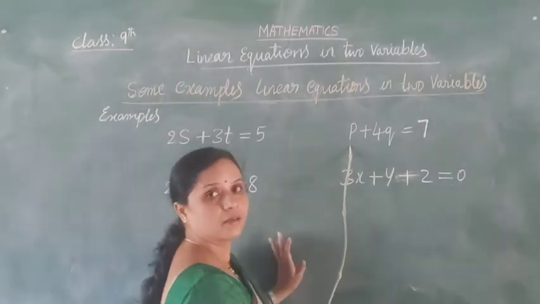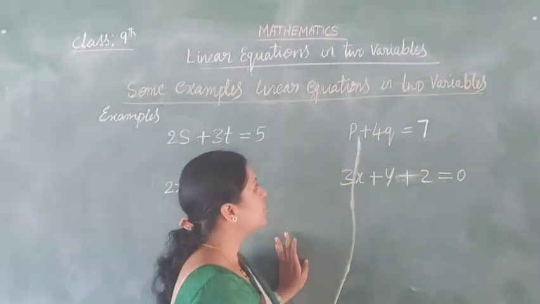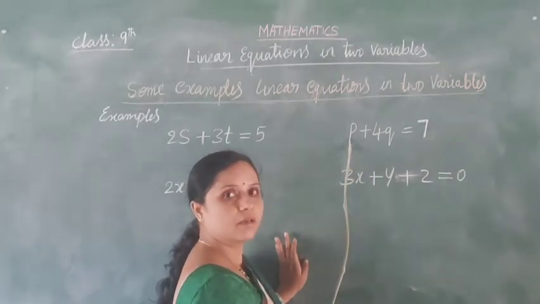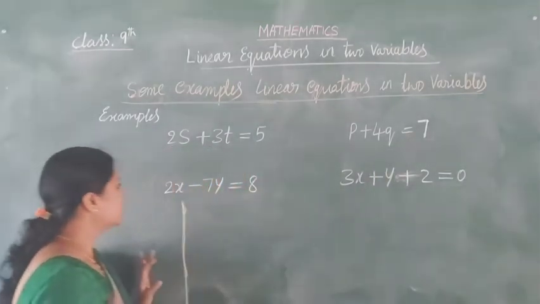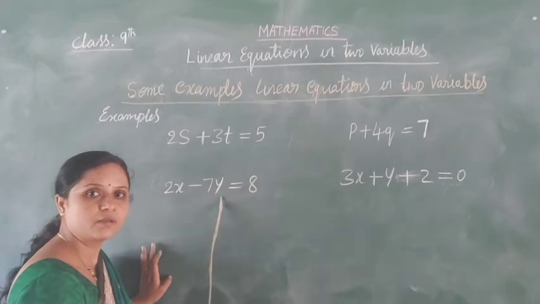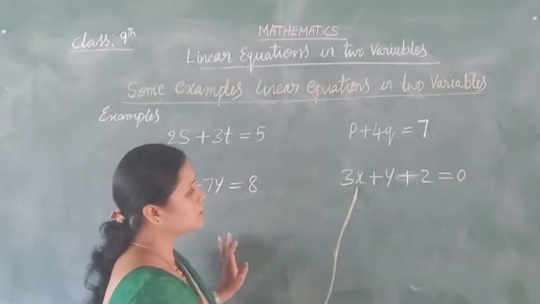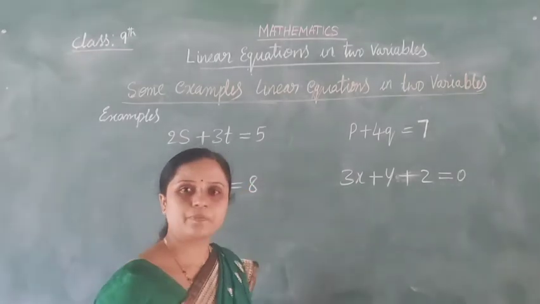In this example, p and q are the variables. So in place of x I take p, and in place of y we take q. In the third example, here we take x and y. So these two are the variables. Here also we take 3x plus y plus 2 equal to 0.